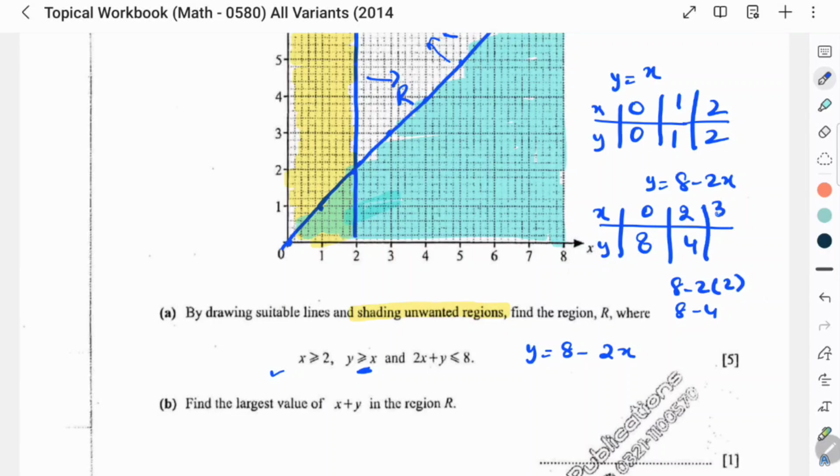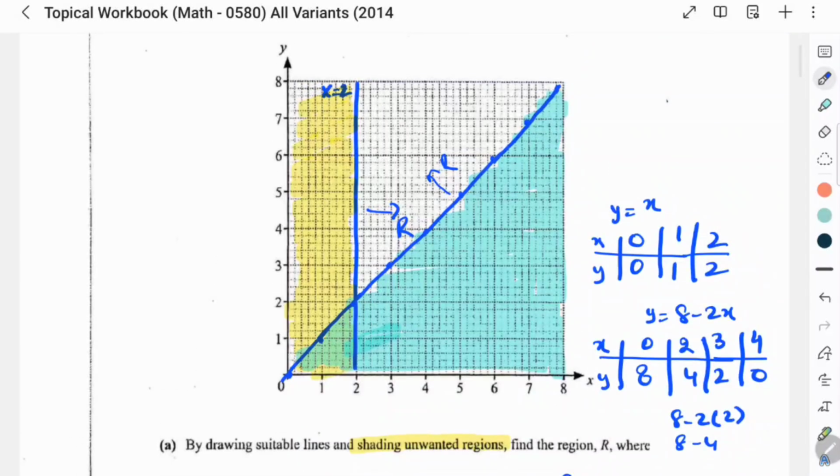If I take 3, then 8 minus 6 will be equal to 2. Or if I take one more number, 4, so 8 minus 2 fours are 8, 8 minus 8 will become 0. I hope you understood. You just need to substitute the value for x, and whatever answer you get, that is the value of y.